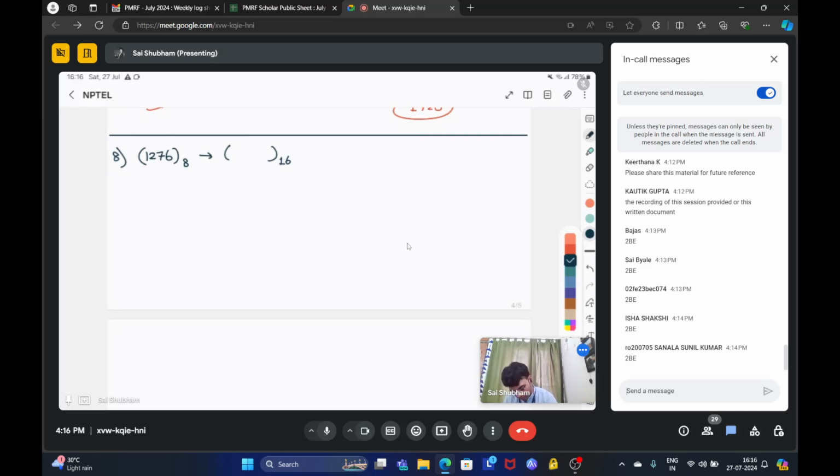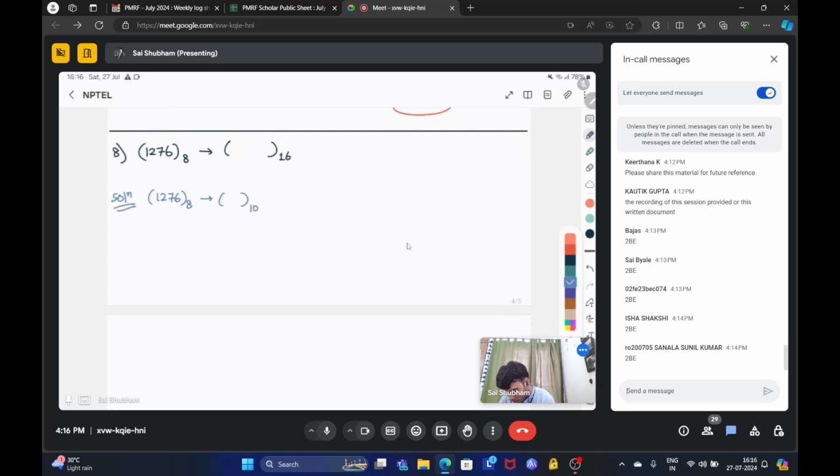Okay. So first, this number is in octal representation, so we have to convert it into decimal. Okay. And then we will have to convert it into hexadecimal. Okay.